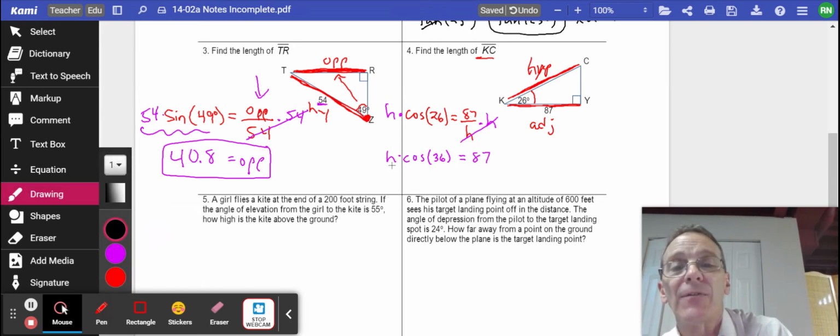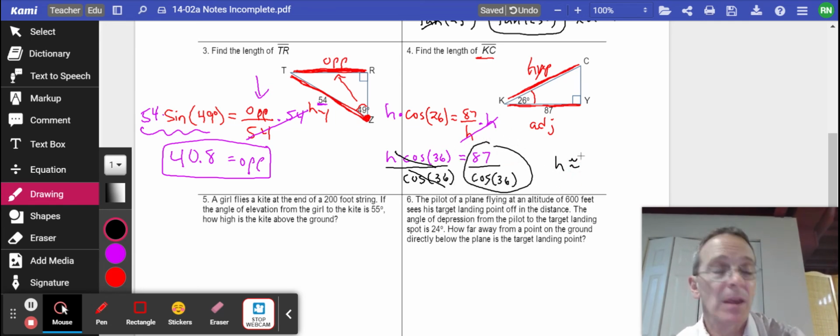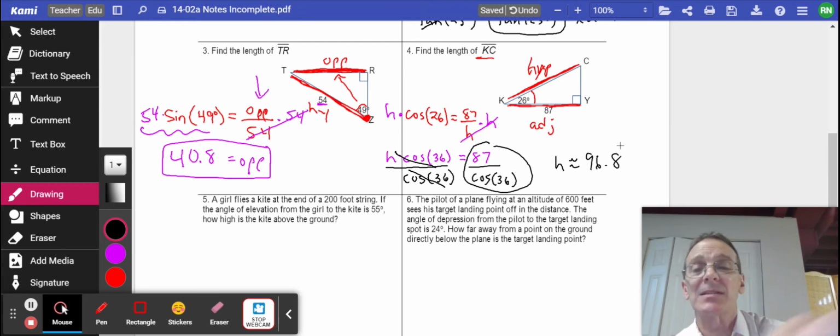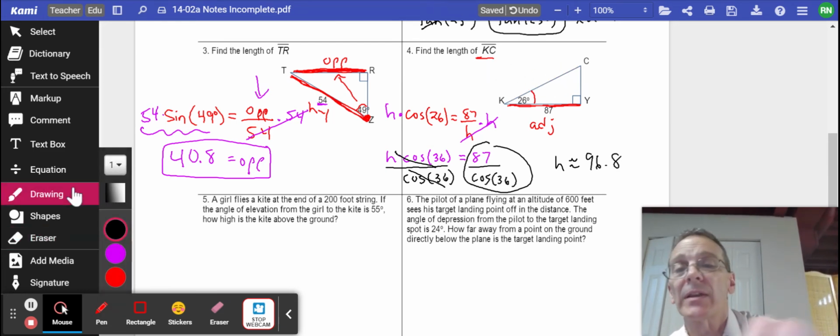And then divide both sides by the cosine of 36, because that will cancel out the multiplication right here. That multiplication gets canceled out. Now reach for your calculator, punch all of that in, and we get that h is equal to, my calculation earlier told me, 96.8. Does that seem reasonable for the length of KC?